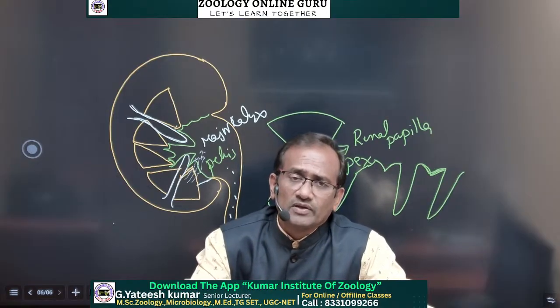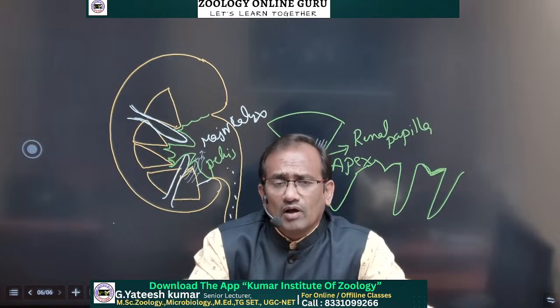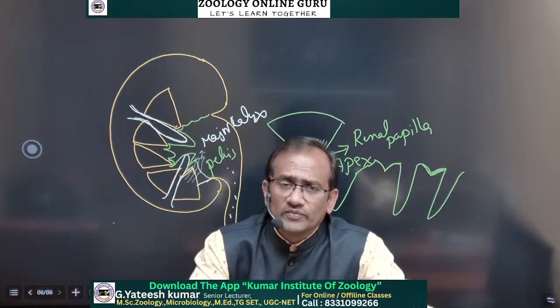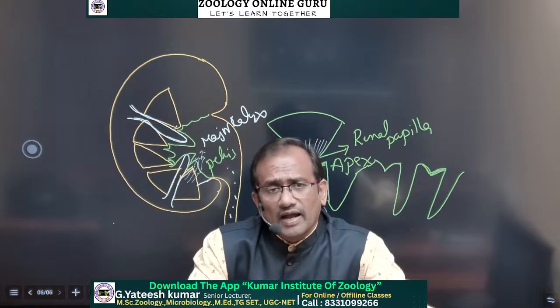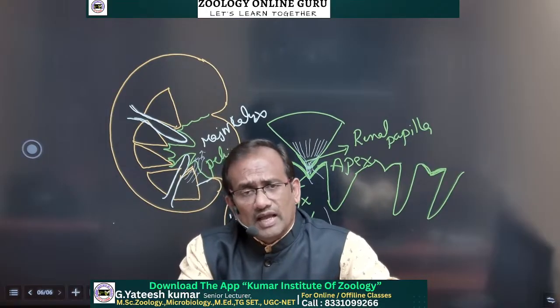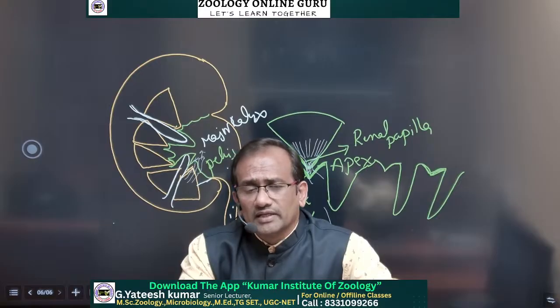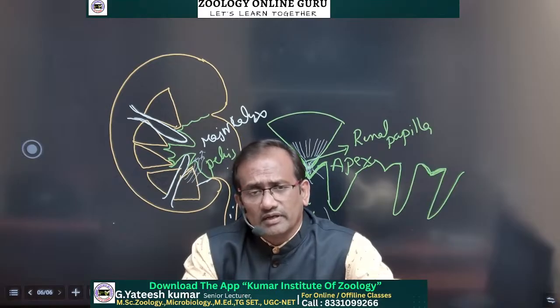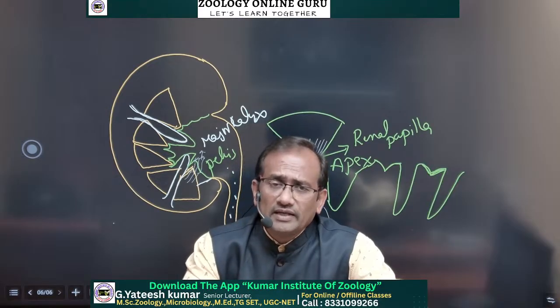The collecting tubules of different nephrons open into the renal papilla, then into the calyx, the minor calyx, then the major calyx, then the pelvis, the ureter, the urinary bladder and urethra.